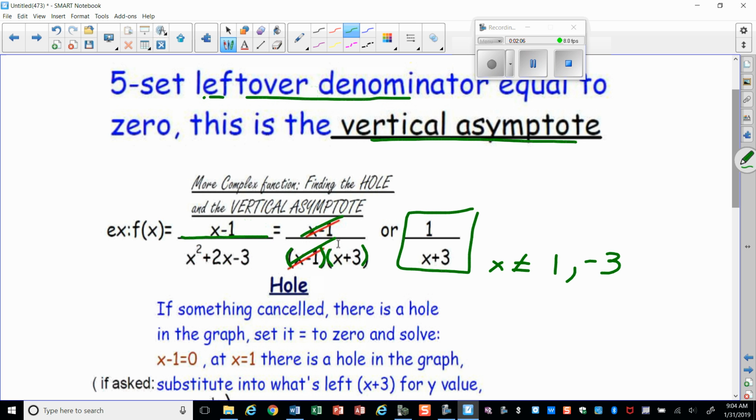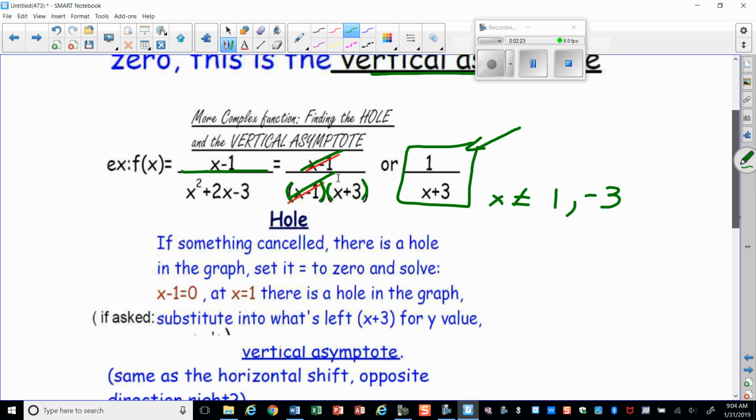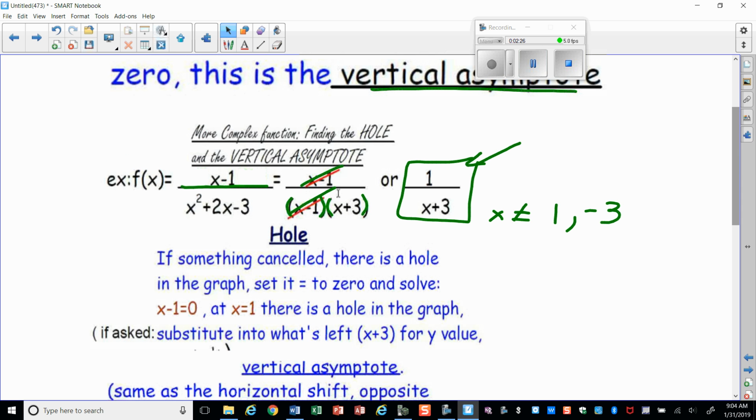So when you graph it, your function just looks like this one right here. But there actually is a hole where it's undefined when x is negative 3. So let's go ahead and graph that, and it'll make more sense.